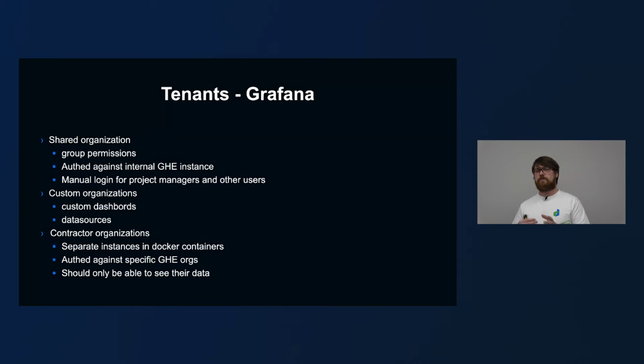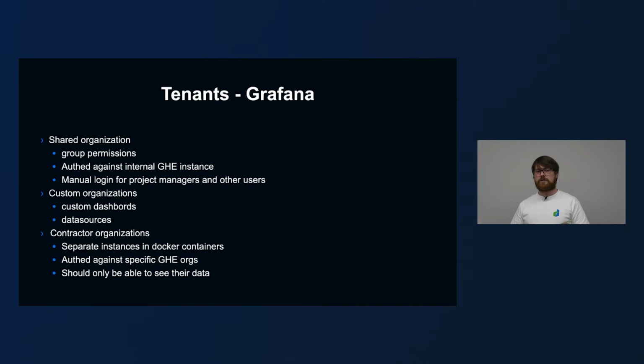We have it set this way because if we want to auth against a specific GitHub org, Grafana can only auth against a single GitHub organization. So each contractor instance is authed against a specific GitHub org.